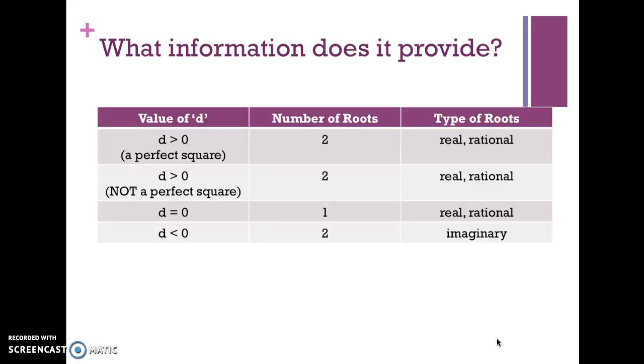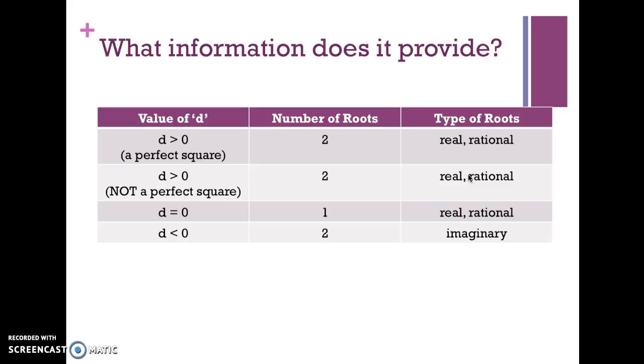So we have the value of d, number of roots, and type of roots. So when d is greater than 0 and is a perfect square, we're going to have 2 roots, and they're going to be real and rational. When d is greater than 0 and not a perfect square, we're still going to have 2 roots, but they're going to be irrational.